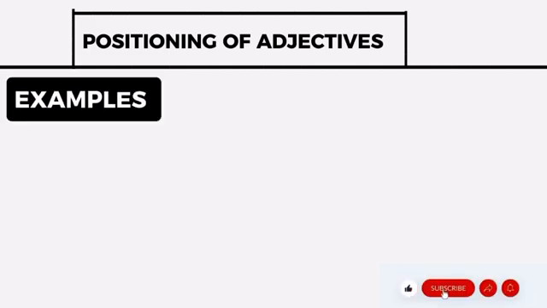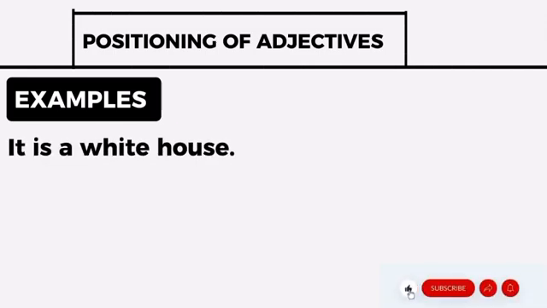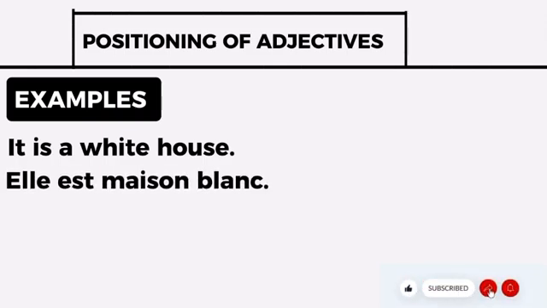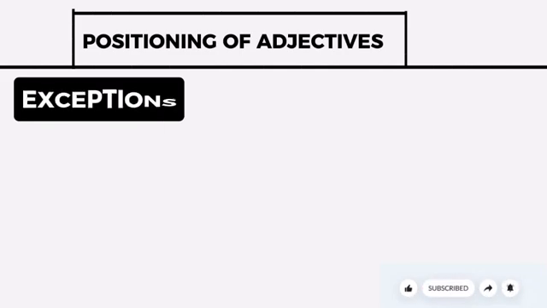For example, in English, it is correct to say it is a white house, but in French, you say "elle est maison blanche." But what makes most people confused is the exceptions.